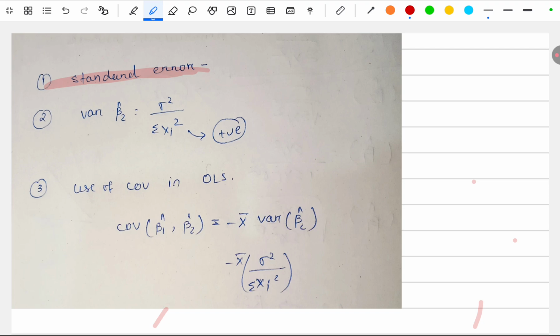The set of values of the estimator obtained from all possible samples of the same size from a given population means, let's suppose there is a population of 100. From the 100 population, we have taken 5 samples, each with 10 items. Means there are 50 items we have already taken in our 5 samples.